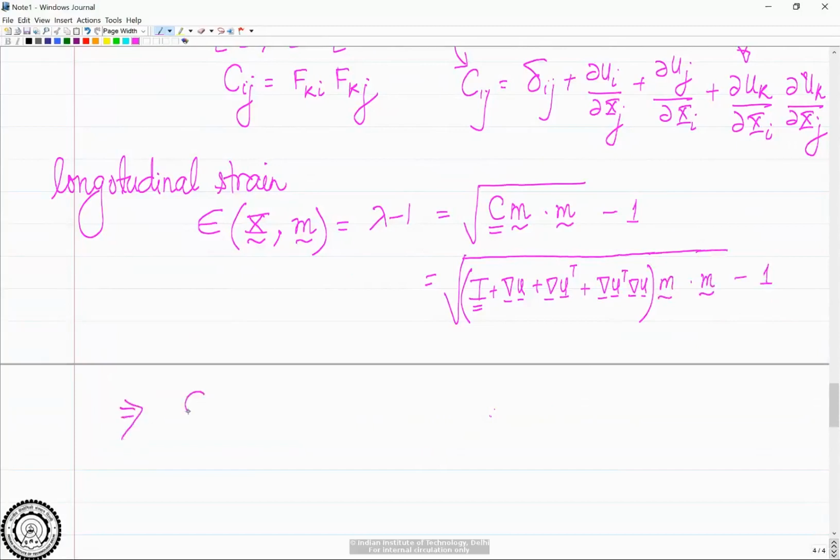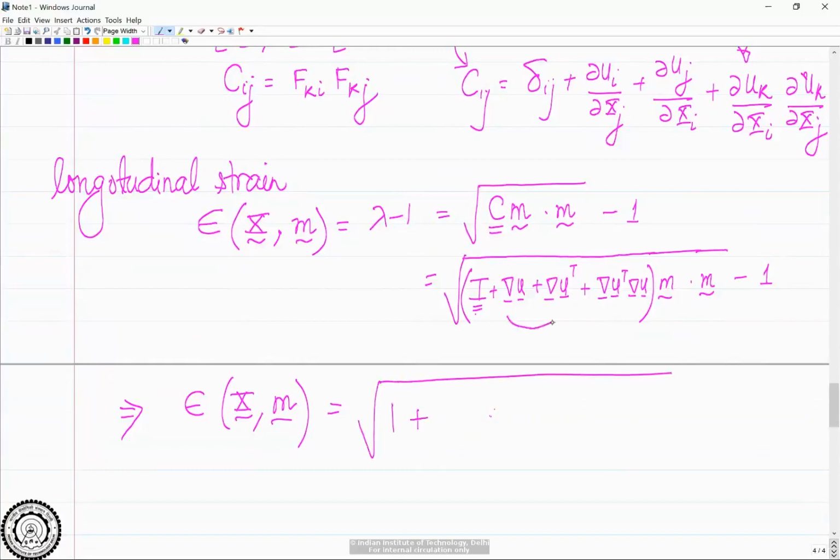So this implies epsilon at a point capital X, comma m. Please point it out to me if you see that I am making a mistake. It's very much possible. The first term is identity into m. What is that? That's m itself, and dotted with m, it becomes 1. So this is also equal to 1 plus the remaining term.